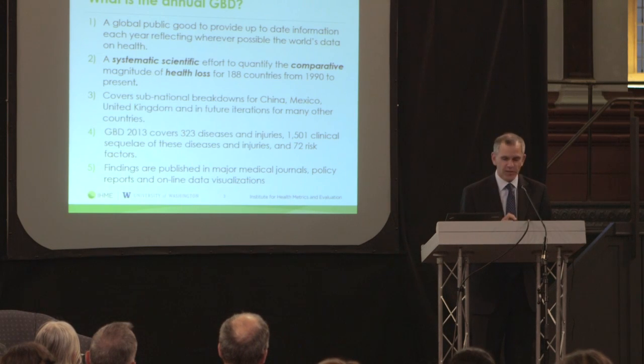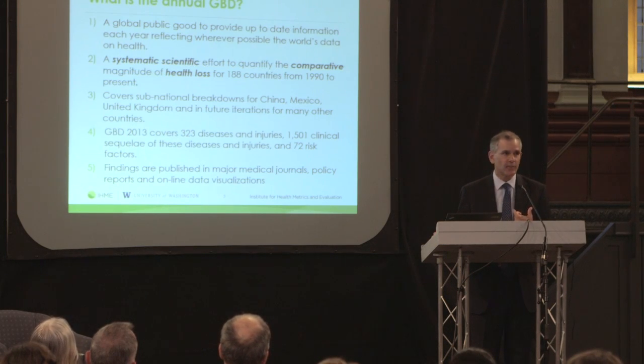In the current iteration, we now cover 323 diseases and injuries, 1,500 different clinical sequelae of those diseases and injuries, and 72 different risk factors. So really quite broad and comprehensive, and by the very nature of the undertaking, we need to draw in very broad expertise around the world in these different outcomes and risk factors.